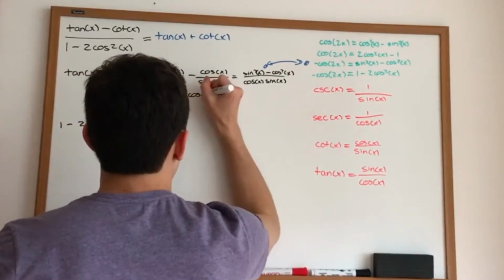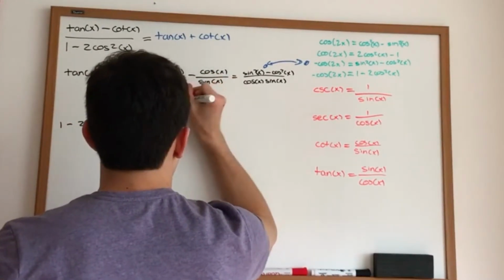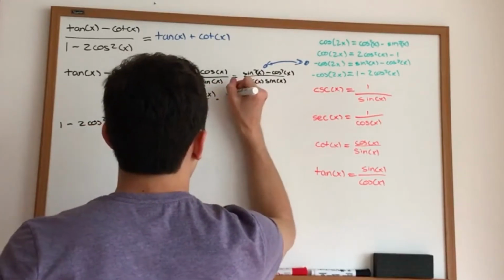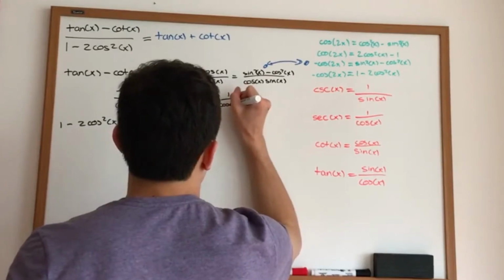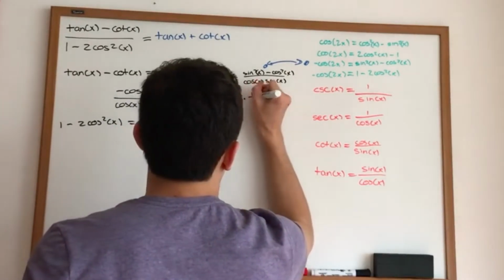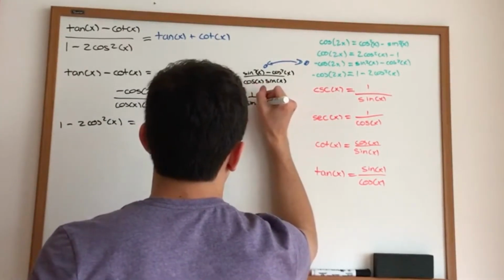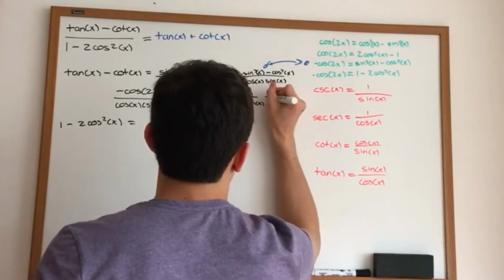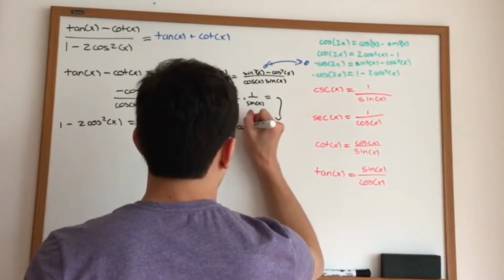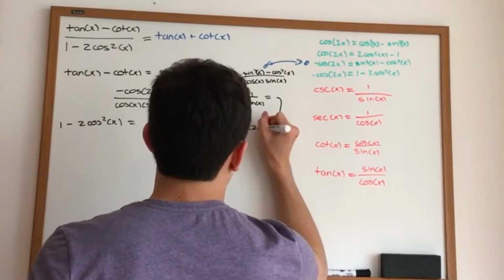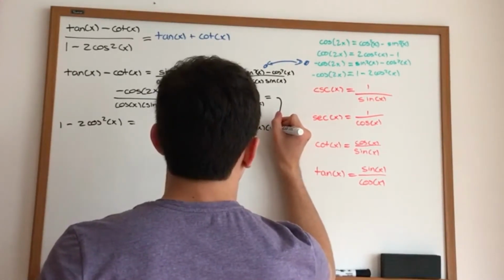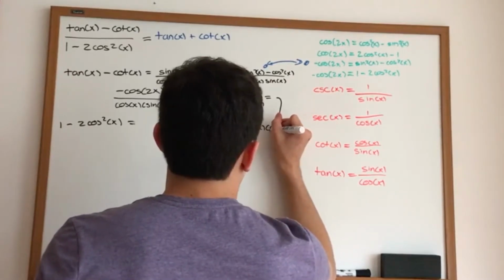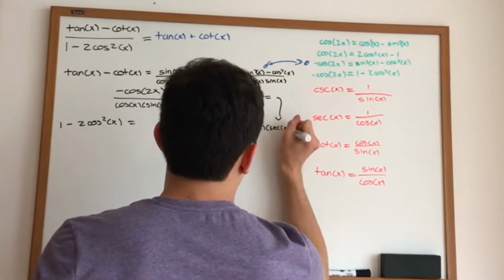Cosine 2x over 1 times 1 over cosine of x times 1 over sine of x. And using reciprocal identities, we can simplify this into cosine of 2x times secant of x times cosecant of x.